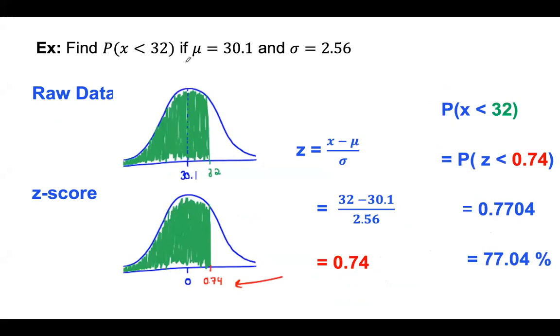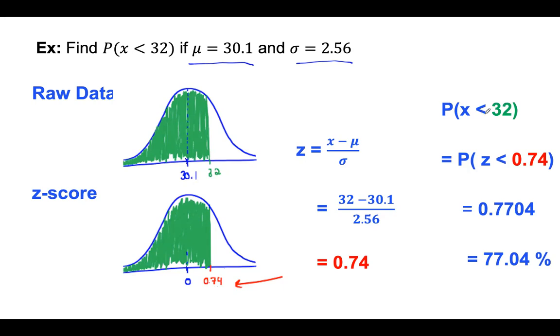What about this one? Find the probability of X being less than 32. We say X minus our mean, which is given in the question, divided by our standard deviation, and we calculate 0.74. Here is our 0. Here is our mean of 30.1. This translates into 32.